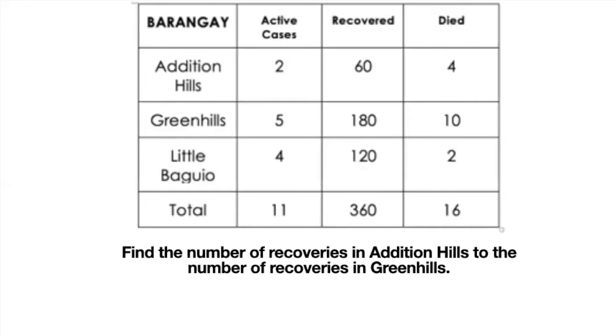Find the number of recoveries in Addition Hills to the number of recoveries in Green Hills based on the given table. Answer: the number of recoveries in Addition Hills, we have 60, and that is in a ratio of the number of recoveries in Green Hills, which is 180.